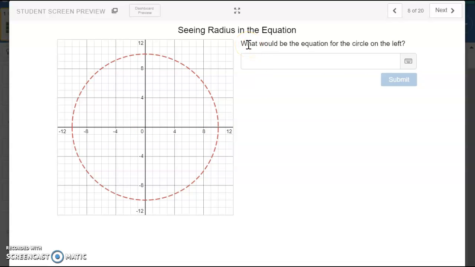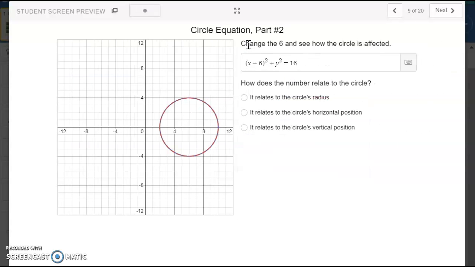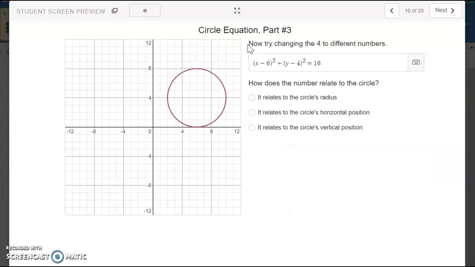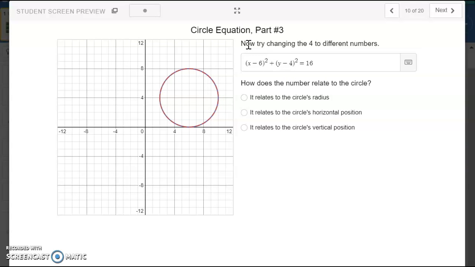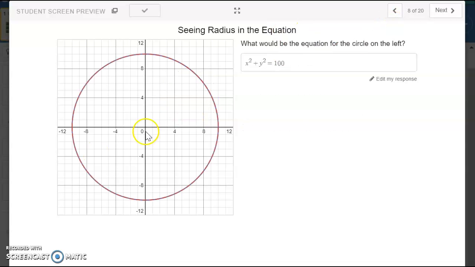So it's going to be x squared plus y squared is equal to, because I count my radius to be 10 units away in all directions and the center is 0, 0.